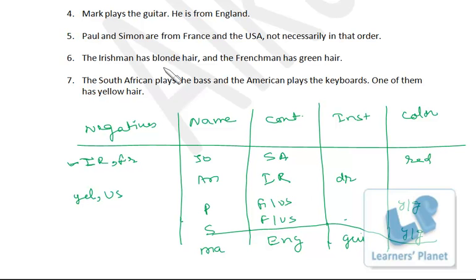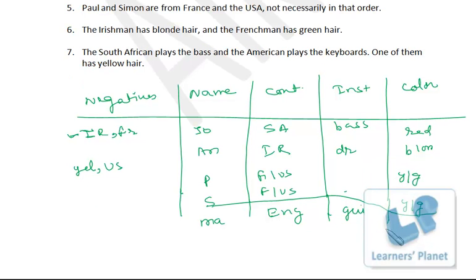Now the Irish has blonde hair, so Irish, blonde, and South African plays bass. And now this must be black, because red, blonde, yellow, green are taken, so the remaining one should be black.